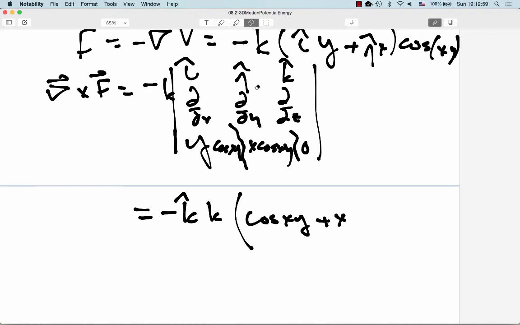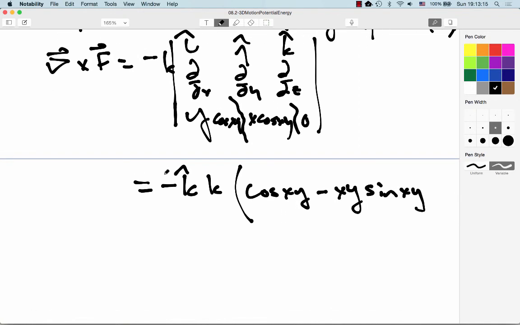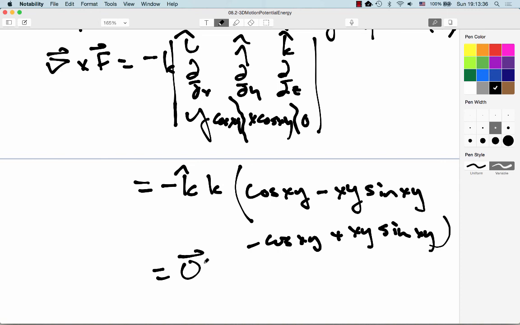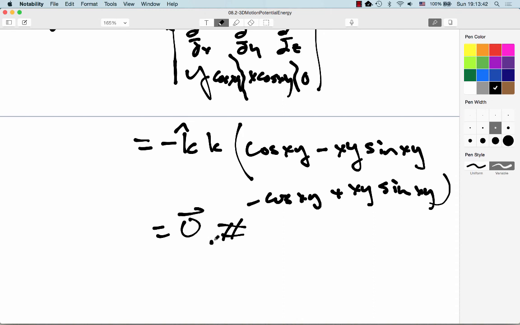So let me make that a minus there, minus the sine, and then taking the derivative of what's inside, it's going to give me a y, so minus xy sine xy, and then minus partial y of that, so that is going to give me minus cosine xy minus, we'll get a derivative of cosine, minus the sine, so plus xy sine xy. Yay! It's 0.